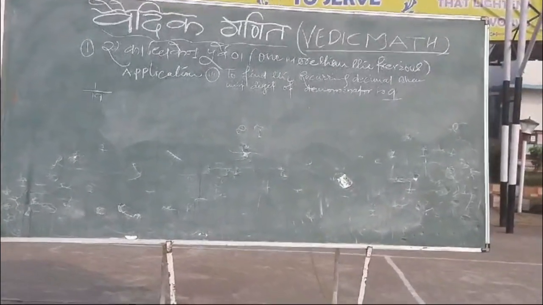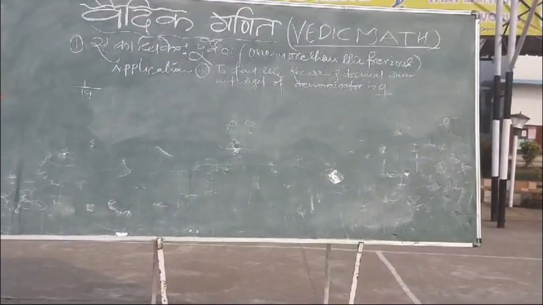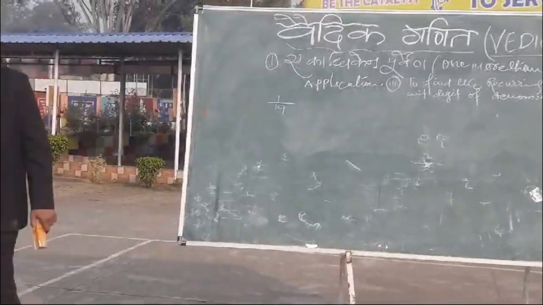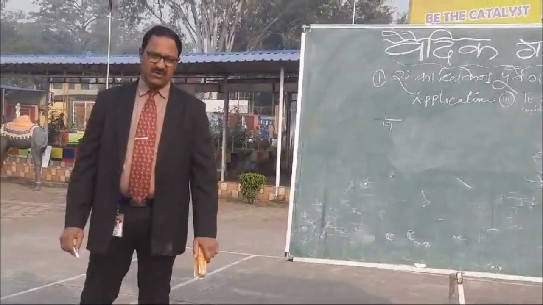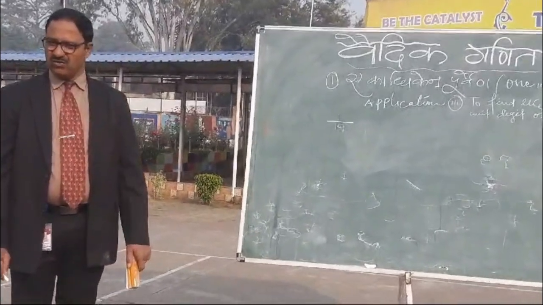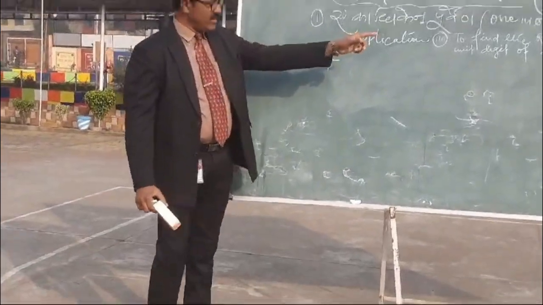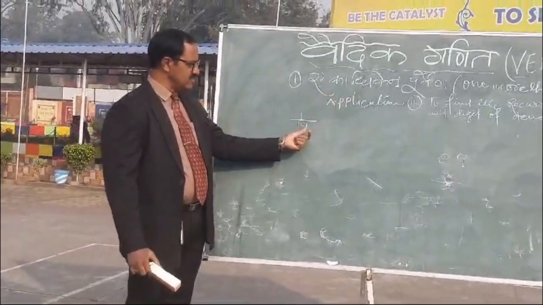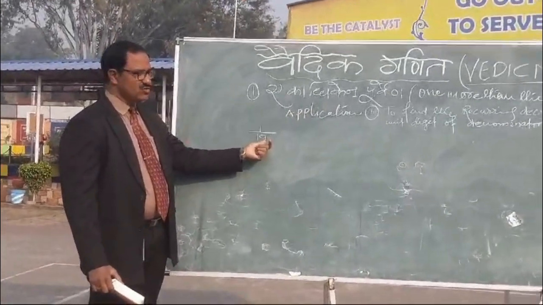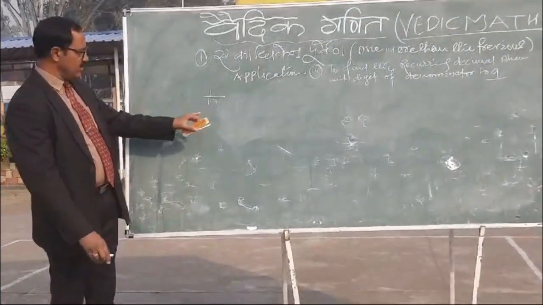But with the help of Vedic math, you can do it easily. Anyone have an idea how to find it? No. So this method is applicable only because the denominator has unit digit 9. So you can apply this method. Let's see how you will apply it.